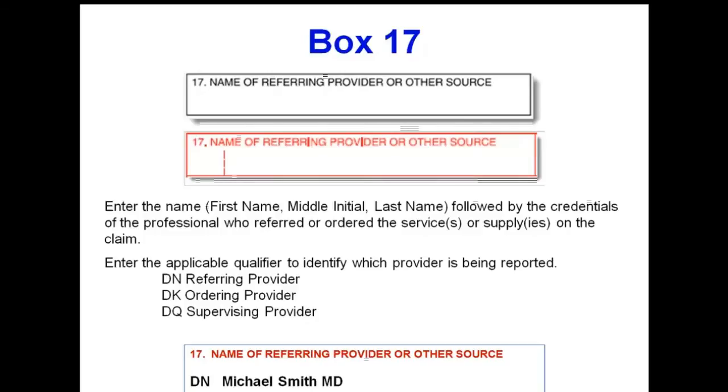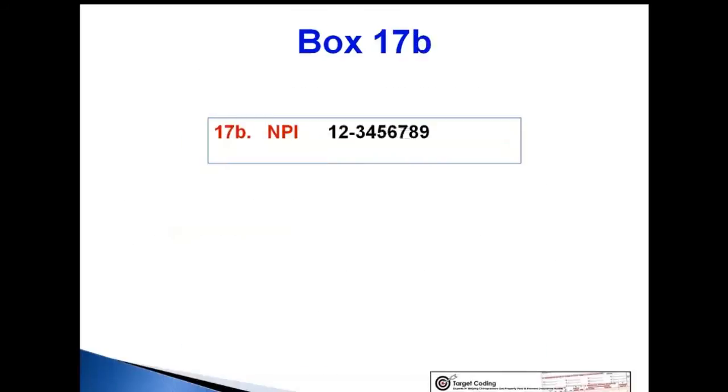So Dr. Smith, orthopedist, refers you a patient. In box 17, you're going to use the qualifier DN, which means referring provider, and then put the doctor's name in box 17. And in 17B, in this example Dr. Michael Smith, you're going to get his NPI number and put it in 17B.